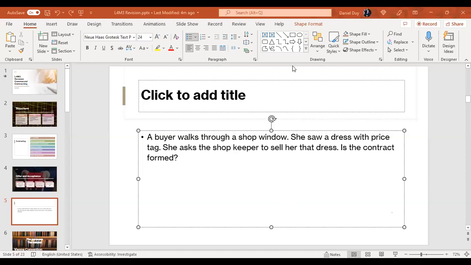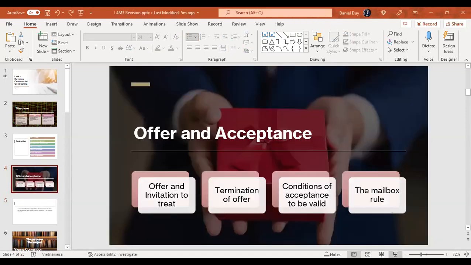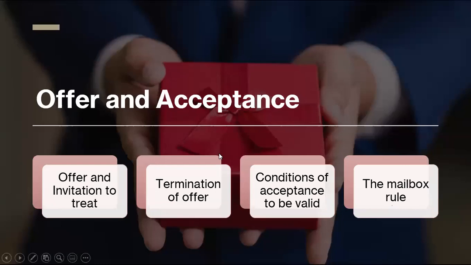So that is a type of question that you may see in the exam. Then we have other topics regarding this area that can be asked, like what factors will terminate an offer, or which factors are needed to have a valid acceptance.